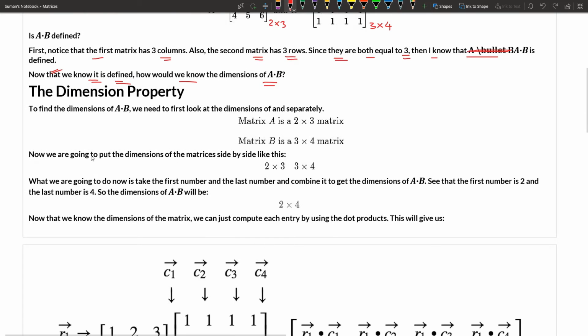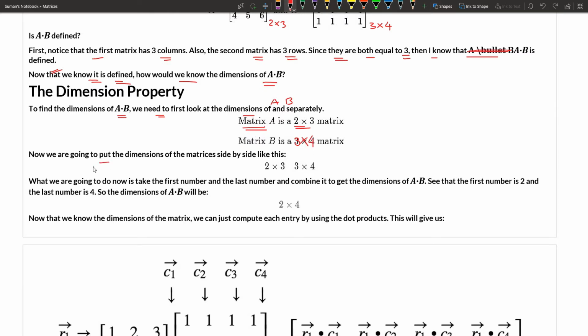The dimension property. To find the dimensions of A dot B, we need to first look at the dimensions of the matrices A and B separately. Let matrix A be of order 2 cross 3, as we know already, and matrix B be 3 cross 4.